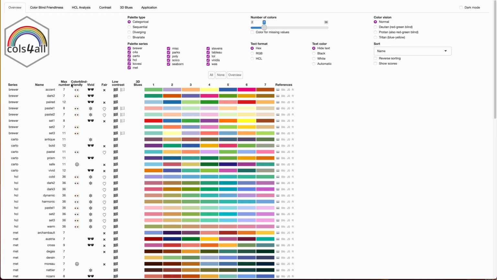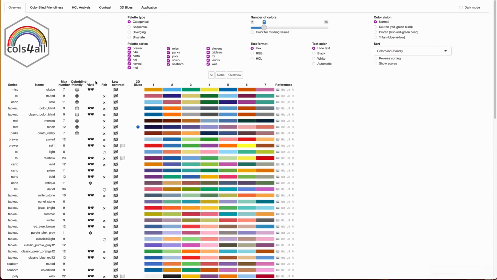So for colorblind friendliness, we can sort, for instance, the palettes by colorblind friendliness to see what happens. So we see that for 7 colors, only 8 palettes are colorblind friendly.